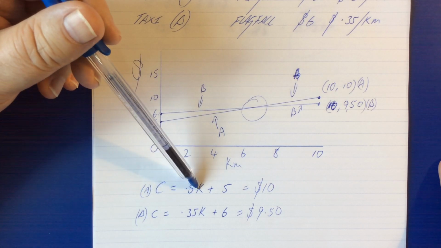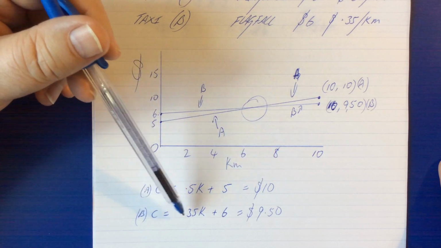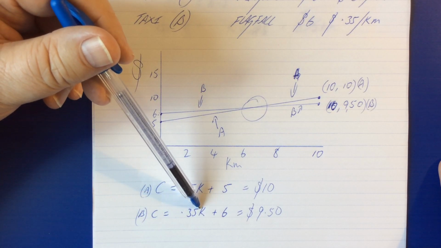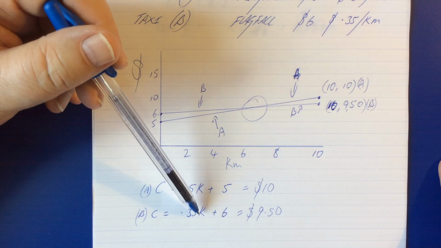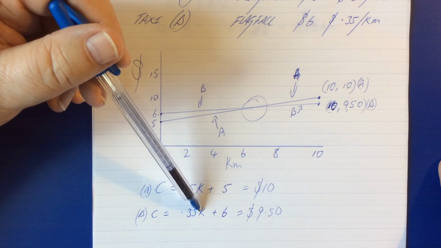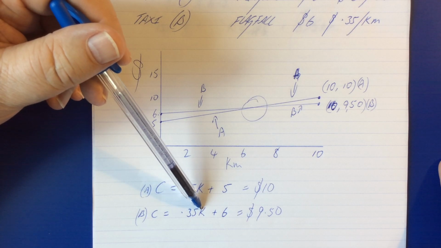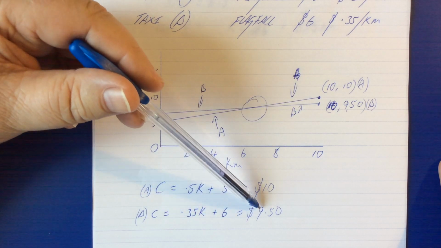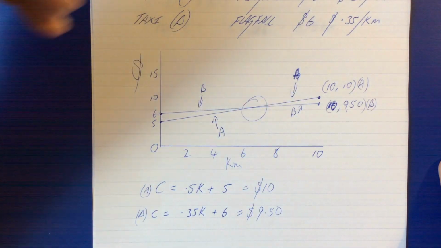So that's 0.5 times 10 plus 5, $10. Taxi B, it's 35 cents a kilometre plus $6. And if I go 10 kilometres in this taxi, it is 0.35 times 10, which is $3.50, plus 6, which gives me $9.50. And when I graph that, this is what I get.